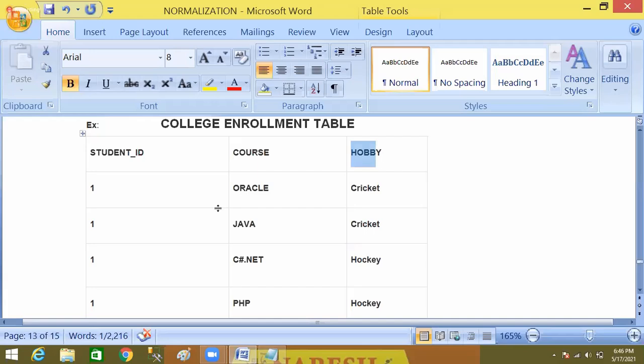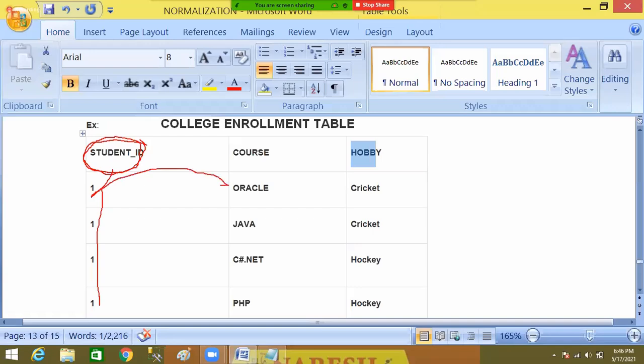Now can you observe, in this table, the same value matching with multiple values of another column: one student with Oracle, Java, C Sharp.net, PHP.